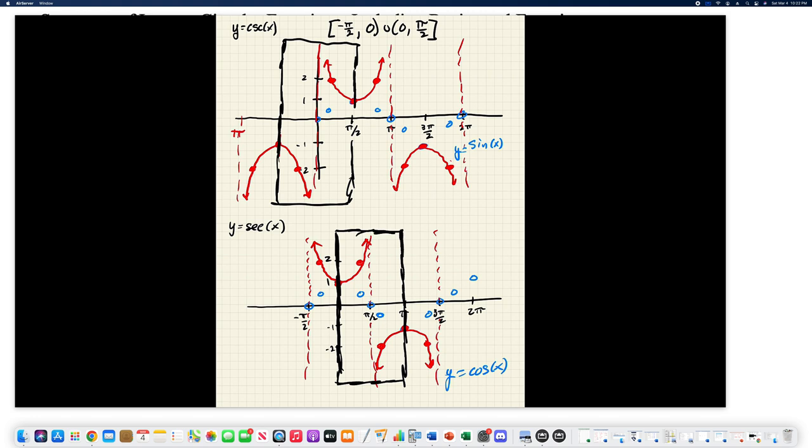And then that's going to be my domain restriction, because now I get all my possible positive y values, all my possible negative y values, again, going from 0 to pi. But we have a vertical asymptote in the middle of our domain restriction at pi over 2. So we have to take that into consideration.